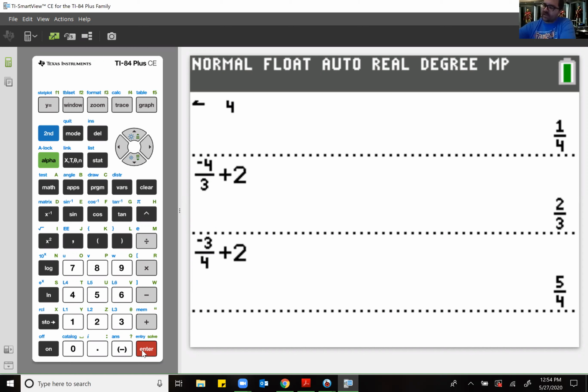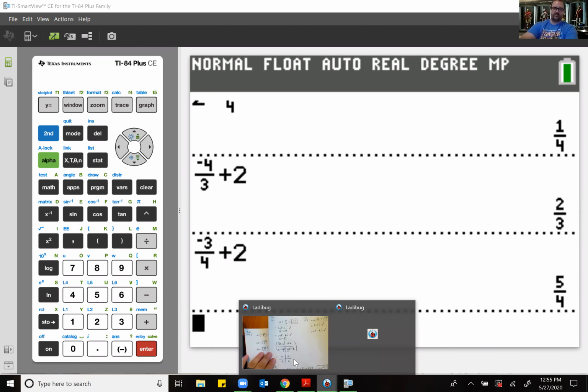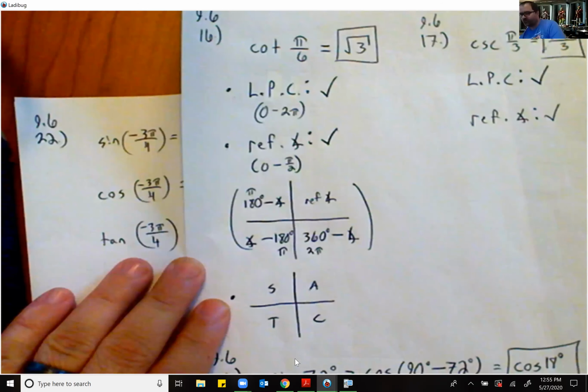Okay? Reference angle. Well, in order to find this reference angle, we need to know what quadrant it's in. And this is actually in quadrant 3. Okay, so in order to find the reference angle in quadrant 3, you will take the angle minus 180, or in our case, minus pi.